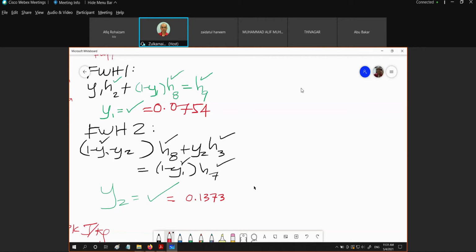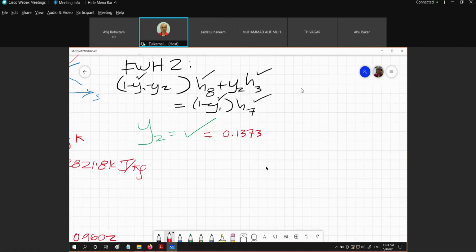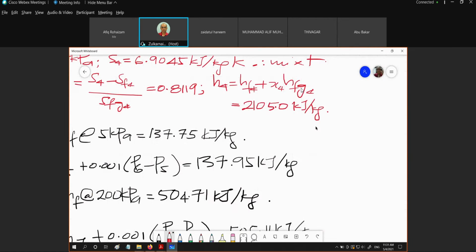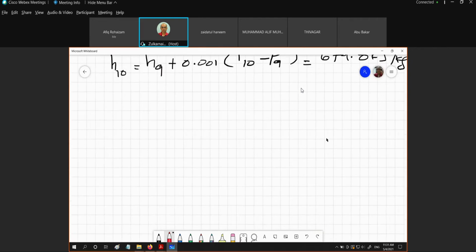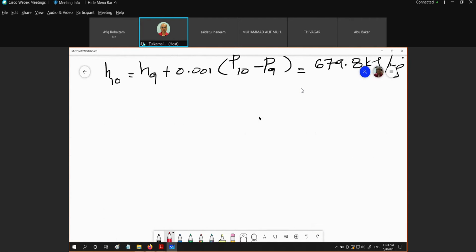Now we are trying to get what is W net. I'm not going to answer the question first, but I'm going to solve one by one what might be asked from the question. After getting all the y values and the enthalpies for every state, let me sketch back our TS diagram so that we have a very clear picture. So this is our TS diagram.